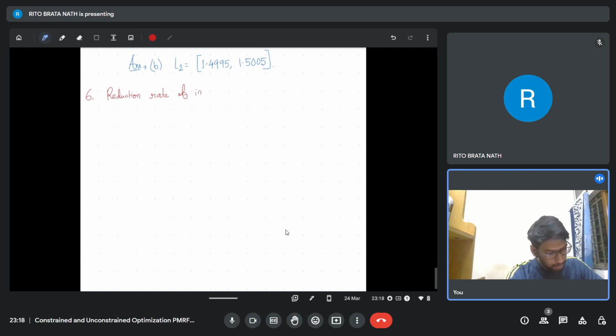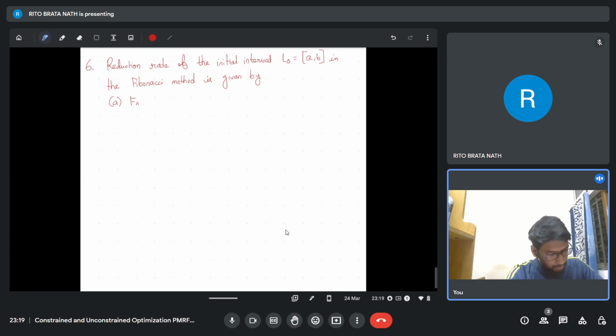Okay, so the reduction rate of the initial interval a comma b in the Fibonacci method is given by, okay, so options are: option a is fn, option b is 1 plus 1 by fn, option c is 2 by fn, option d is 1 by fn.